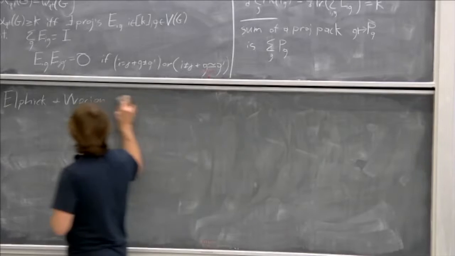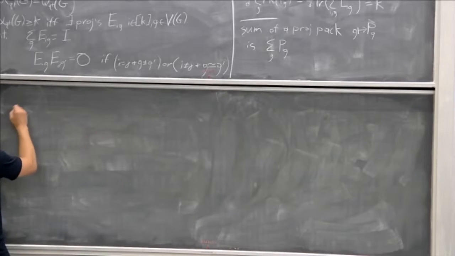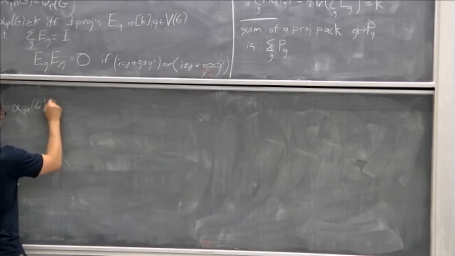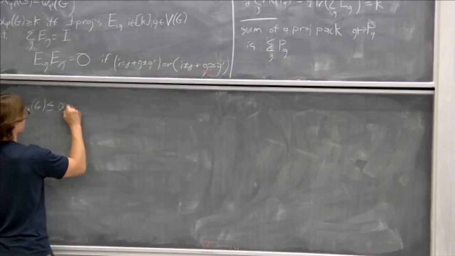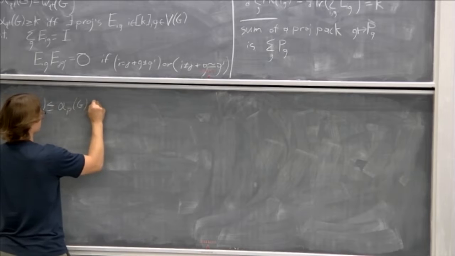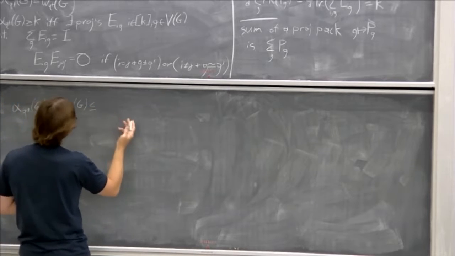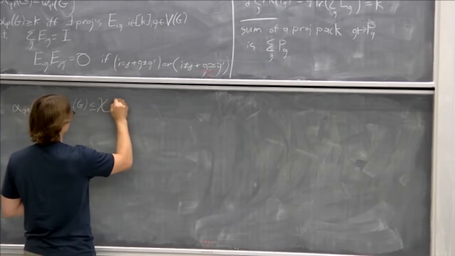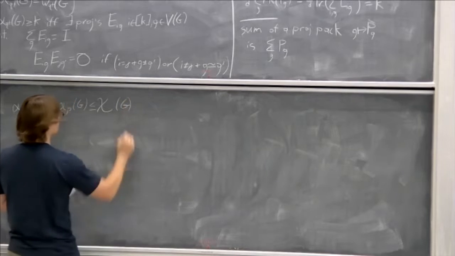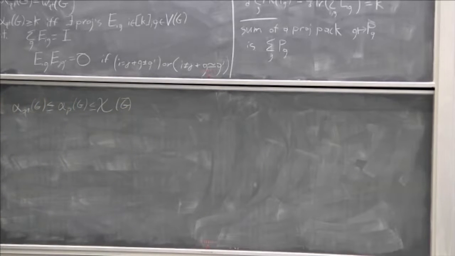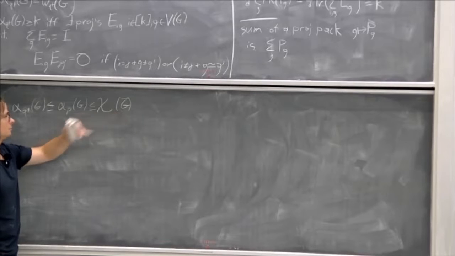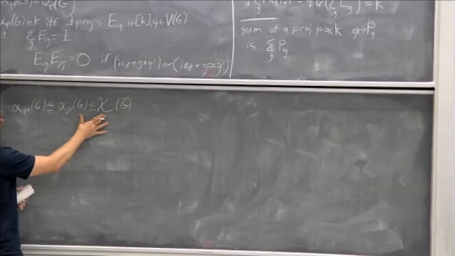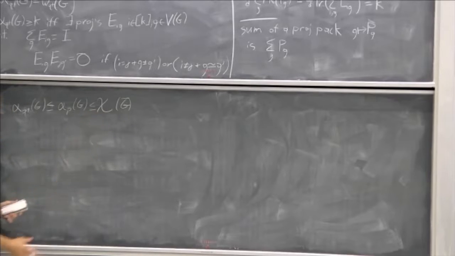Right, so we have that alpha qt of G is less than or equal to alpha p of G, which is already less than or equal to Lovász theta, but in particular, it's less than or equal to the chromatic number of the complement of G. But something interesting happens when you have equality here, and it's actually attained.